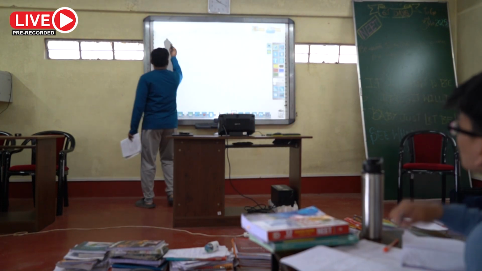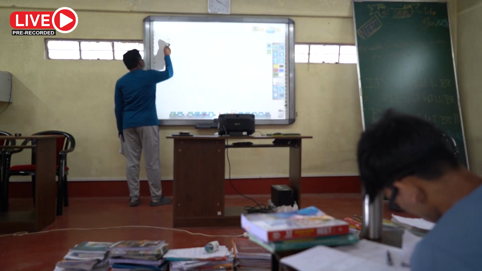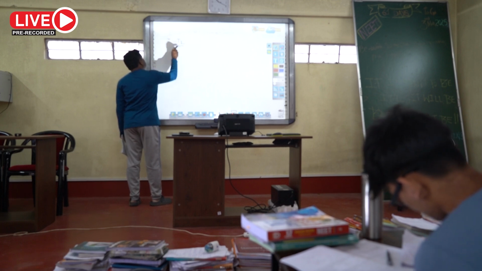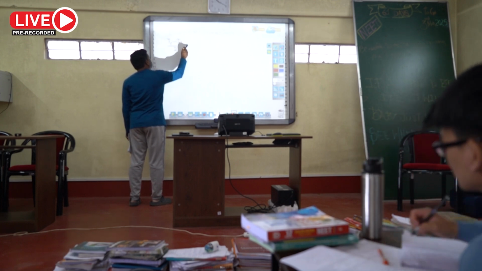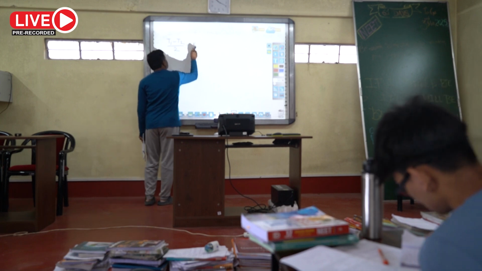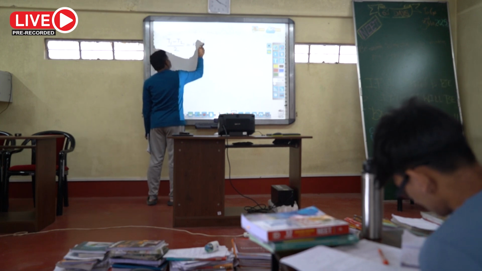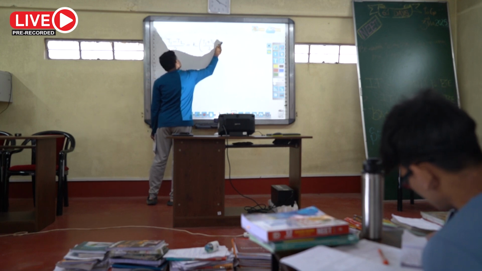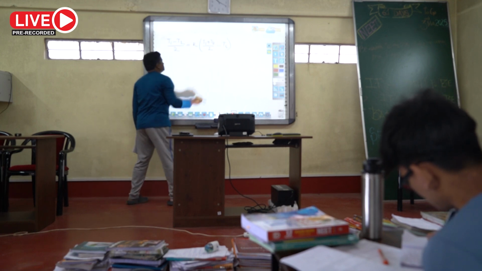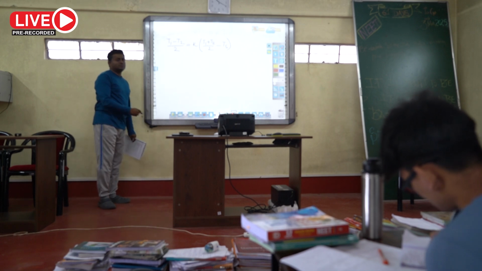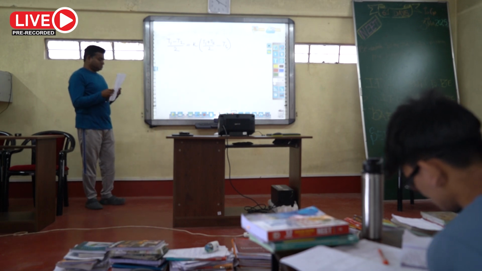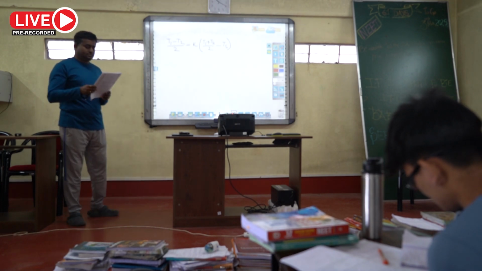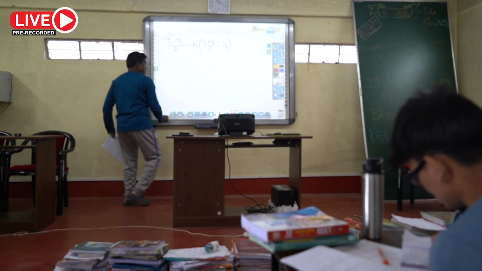That is, T1 minus T2 by 2 equal to some constant K into T1 plus T2 by 2 minus surrounding temperature Ts. Then substitute and calculate. Sorry, this one is T2.